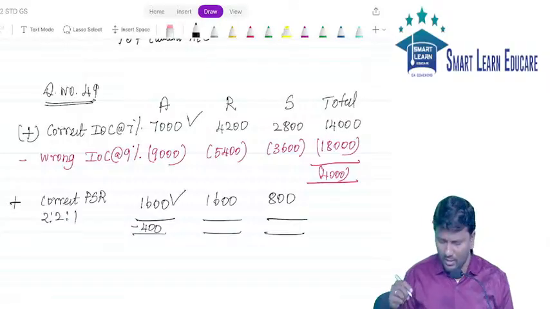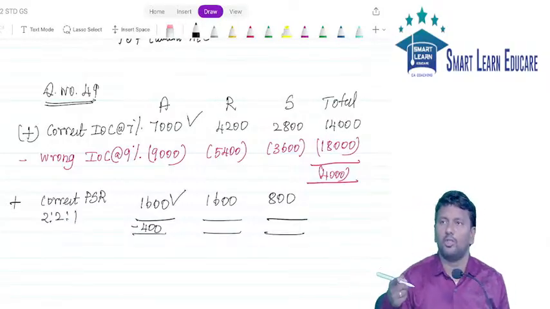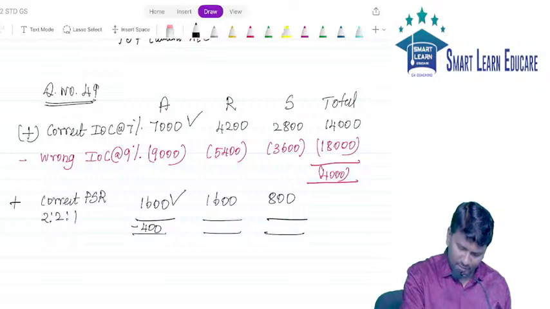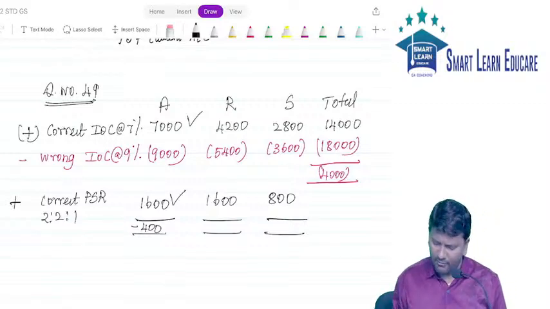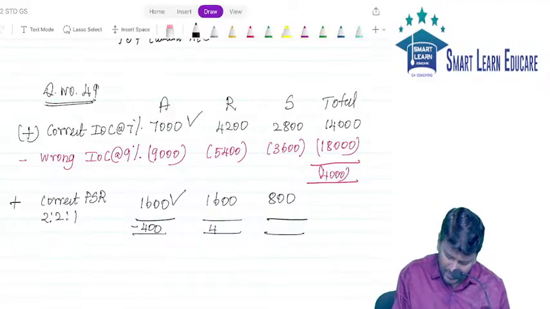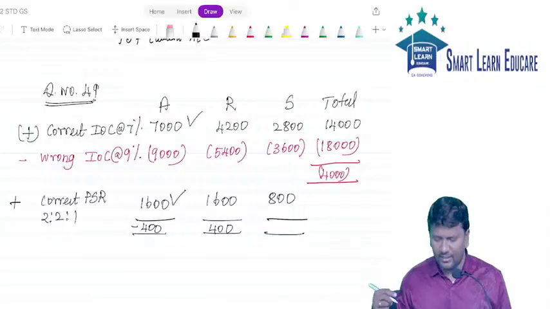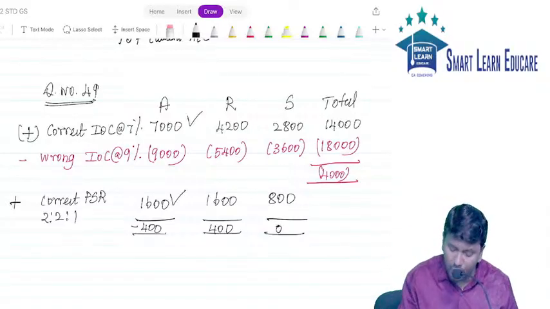Same way, 4,200 plus 1,600 will give you 5,800. And here we have minus 5,400. We have plus 400. 2,800 plus 800 will give you 3,600. 3,600 minus 3,600 will give you 0.